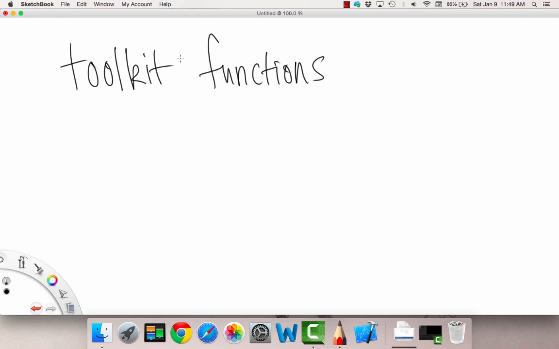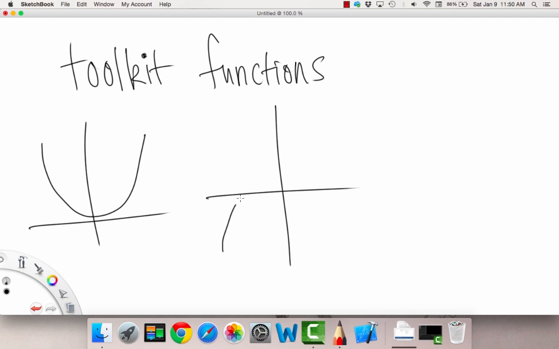There you can take a preview of what we'll learn in future sections and chapters, where you'll see things like parabolas, like U's, and things like S shapes. You'll see some other funny things like that. That's actually a square root. So you can preview those and get a jump start on what we'll learn in the future.